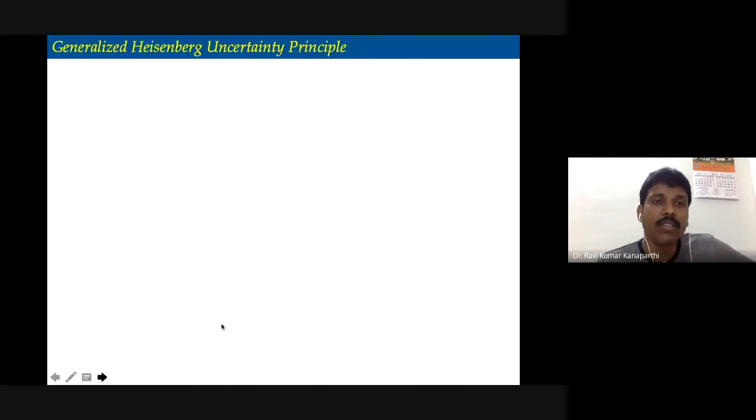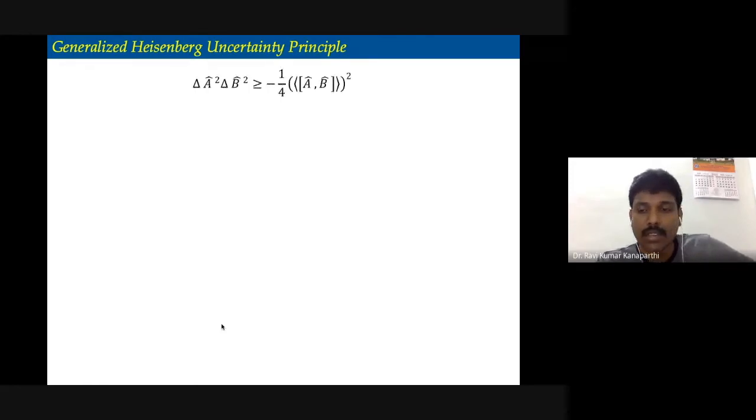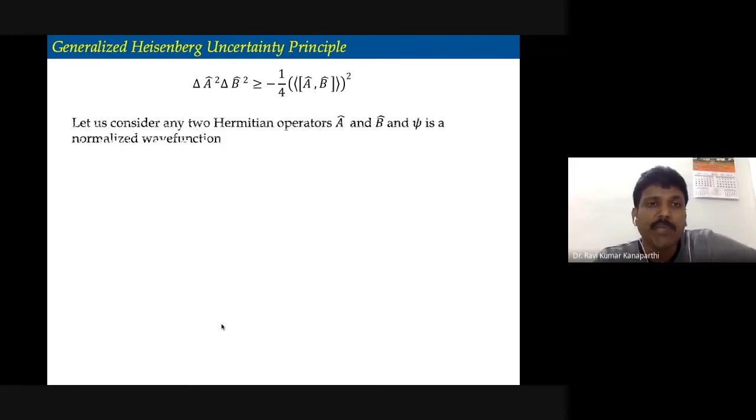Let us move on to the derivation of the generalized Heisenberg uncertainty relation. For this, I assume there are two Hermitian operators. Let us consider A and B as the two Hermitian operators, and psi is a normalized wave function.